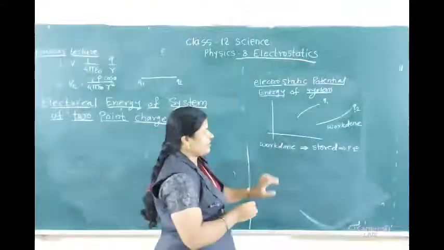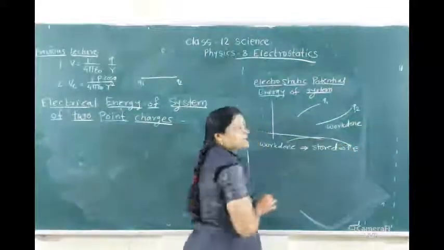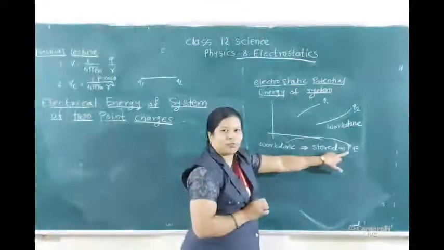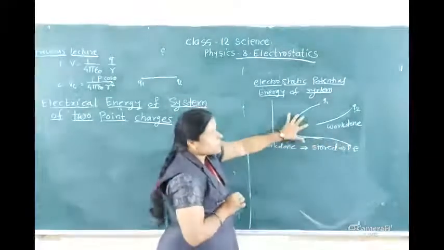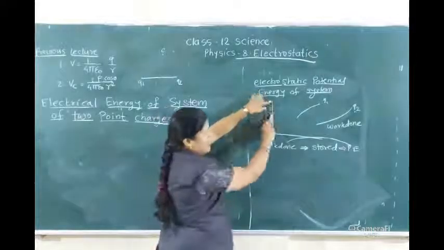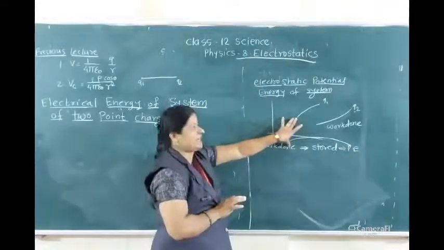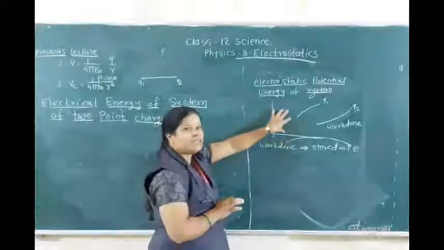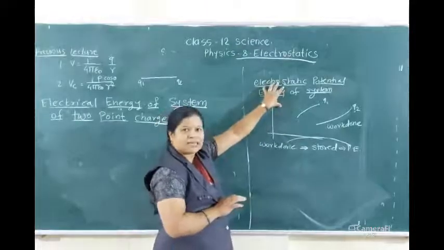charges. This work done is stored as potential energy of those charges. Now these two charges are brought into this coordinate system. So this is the potential energy of the system.